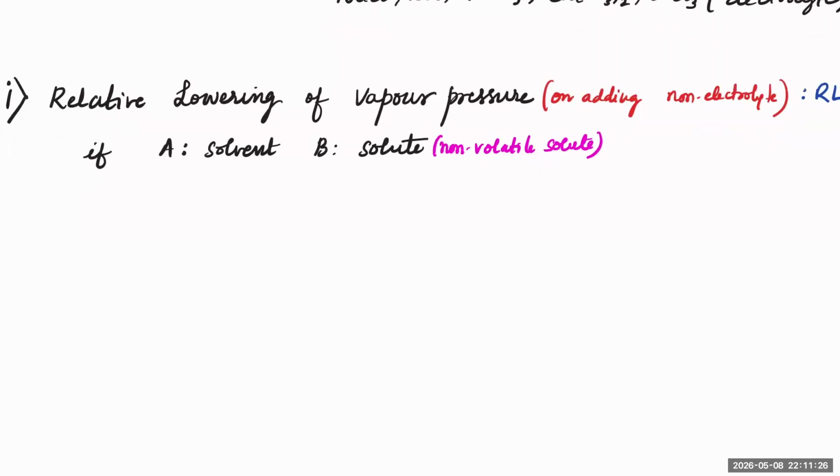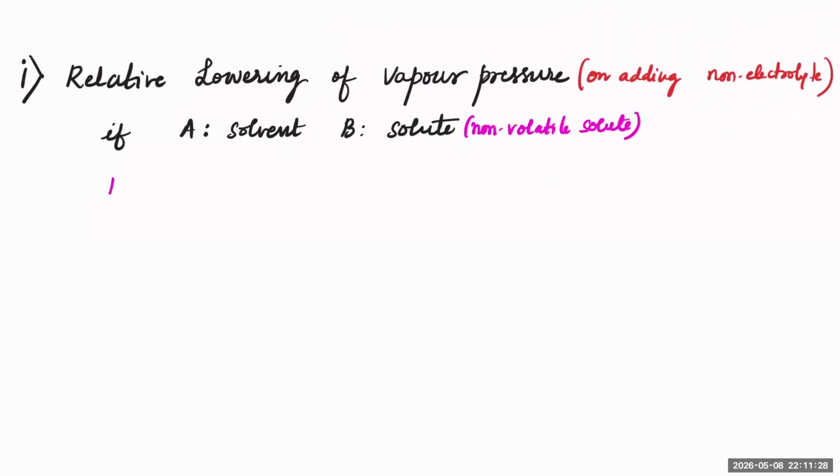See, here we know that since it is non-volatile, can I say that P naught B is equal to 0? And P naught A is non-zero because it is volatile. And we know the total pressure as per Raoult's law is P naught A XA plus P naught B XB.